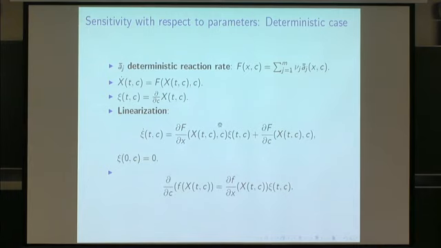Then the problem of computing the sensitivity of the solution with respect to c simply comes down to solving another ODE, which is the linearization of that ODE. So it comes down to simultaneously solving this ODE and this ODE. And then if you want this thing, it's just chain rule. So the deterministic sensitivity problem is relatively more straightforward. You add on an extra ODE.